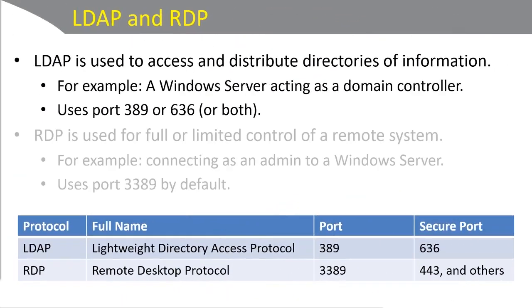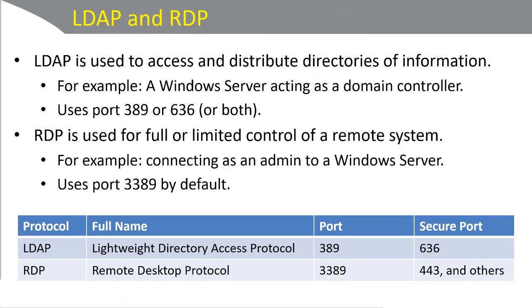Now, for remote control of systems, Microsoft uses the Remote Desktop Program, which is based off of the Remote Desktop Protocol, RDP. This works in three ways. First, users could be given limited access to a remote computer's applications, and only those applications.